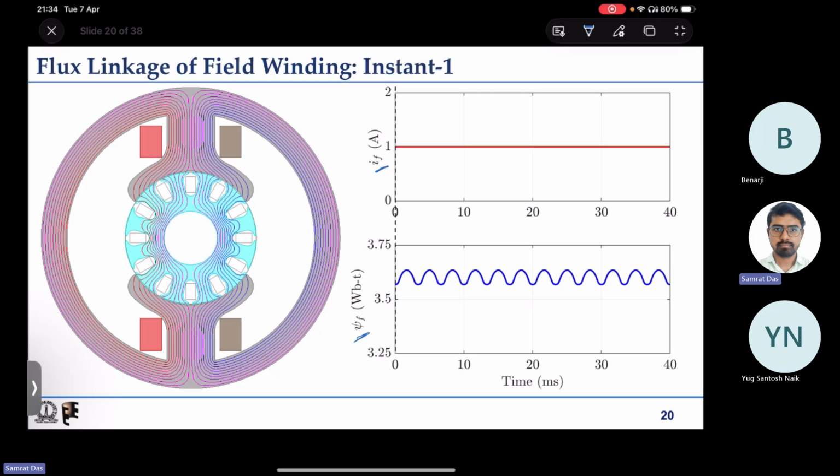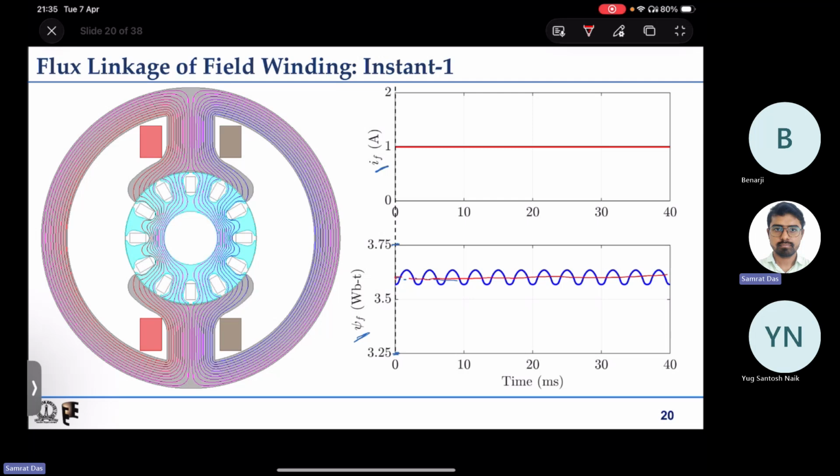The scale is not from 0, it is from 3.25 to 3.75, so this is a zoomed in version of the actual plot. There is a constant DC value, and about that there is some increase and decrease.